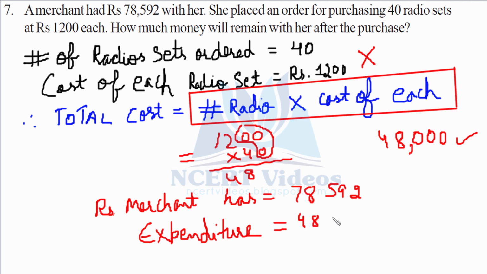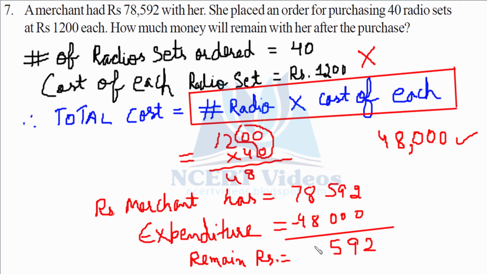So now we are asked to find the difference, that is the money she is left. So it would be a subtraction rather than division, because we are not asked for the numbers, we are asked how much is remaining with her. So we are just going to subtract it. That would be the sum she would be left with. So it turns out to be 30,592 by subtraction. So that is your answer number 7.